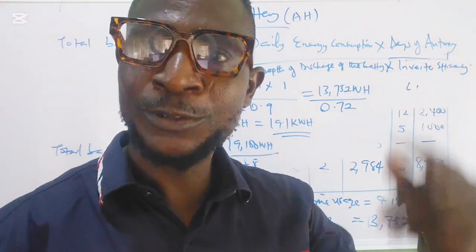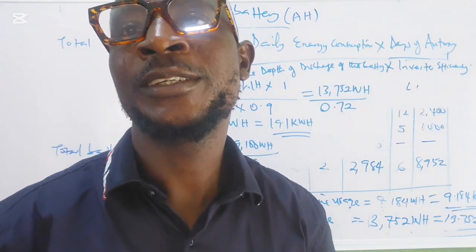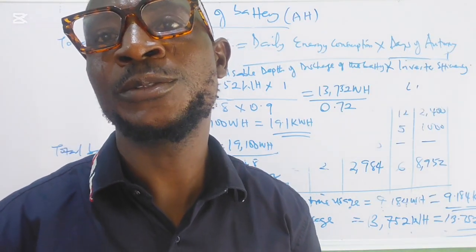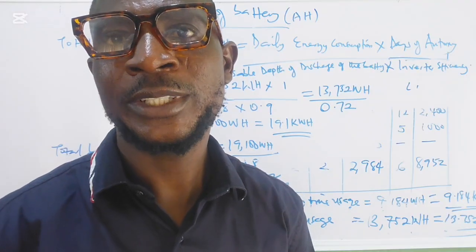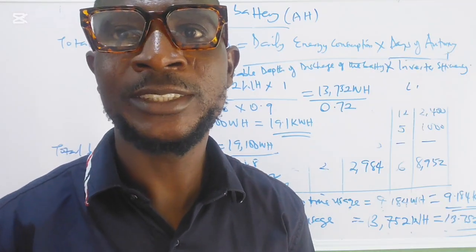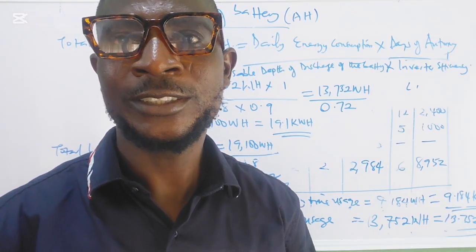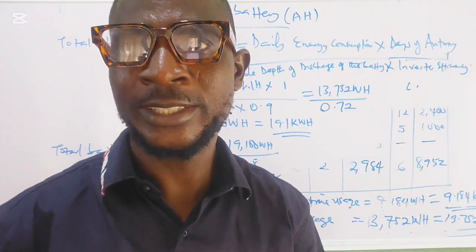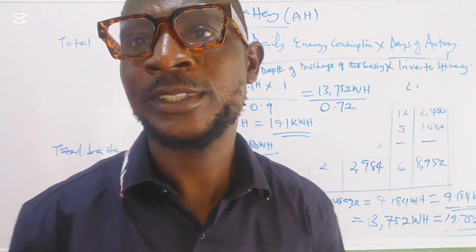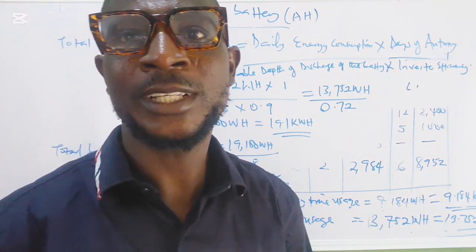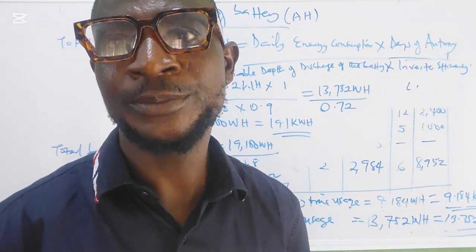If you were not with us in our previous class, I encourage you to go and watch it, and even watch the one that came before it, because in that first one we explained how to tabulate your energy audit, and why it is always good to create two columns, one for your daytime loads and the other one for your night load.